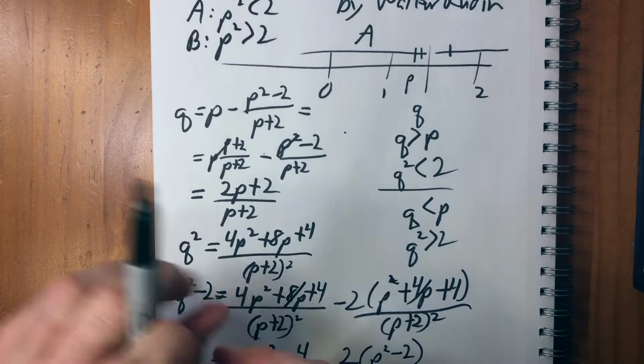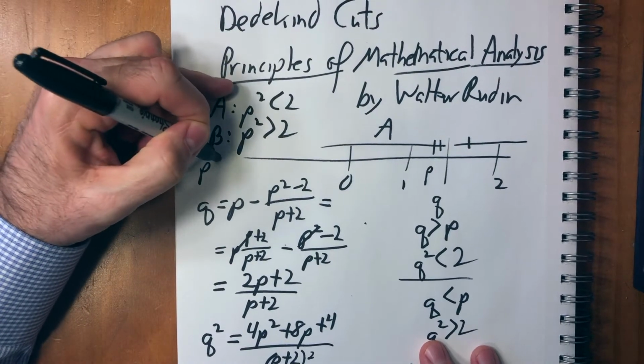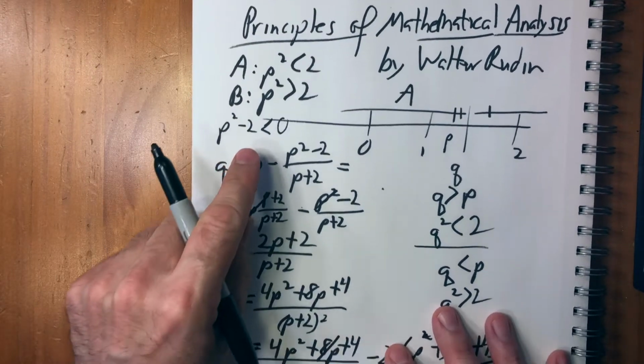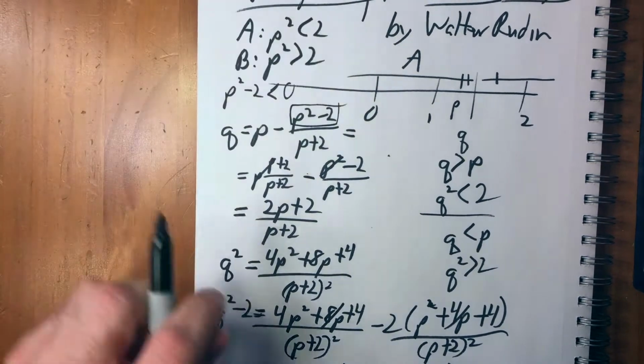So if p squared is less than 2, then p squared minus 2 is less than 0. In other words, it's negative, right? That means that this is negative.